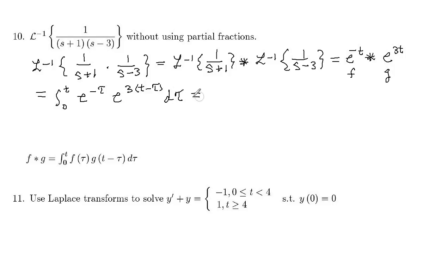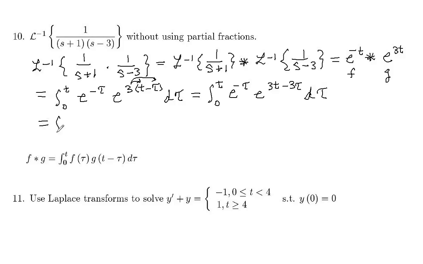And this integral is really not too bad. These are all exponentials, so remember when you multiply, you add exponents. So this is the integral from 0 to t of e to the minus tau, and then you can multiply that 3 in there, and this will be the same as e to the 3t minus 3 tau, d tau.